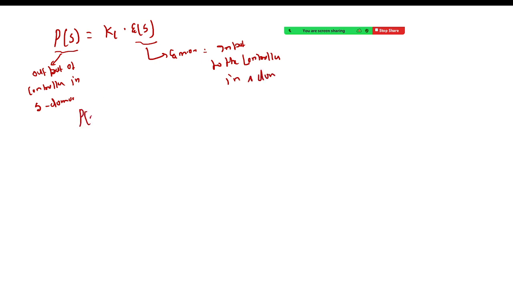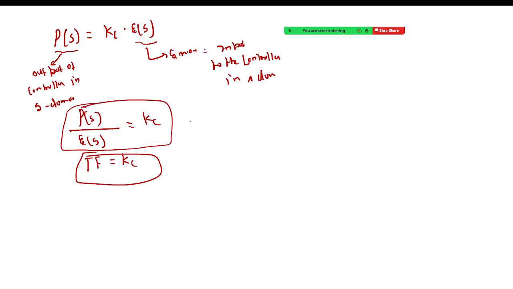So can I write that P(s) divided by E(s), that is output by input, is equal to Kc, and this is the transfer function of a proportional controller, that is Kc. So you can see that is the transfer function of a proportional controller, right?